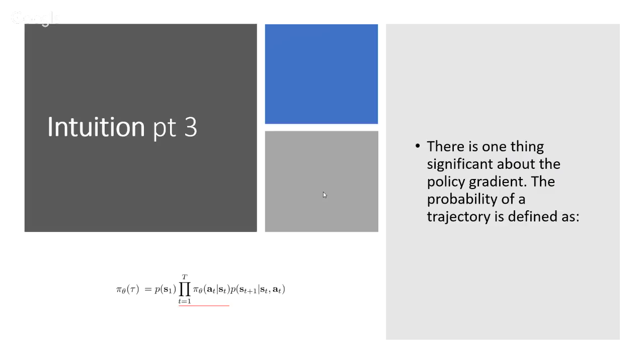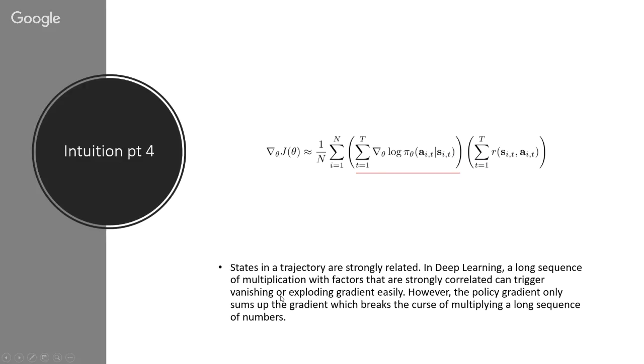There is one thing significant about the policy gradient. Probability of a trajectory is defined as the following. States in a trajectory are strongly related. In deep learning, a long sequence of multiplication with factors that are strongly correlated can easily trigger vanishing or exploding gradients.